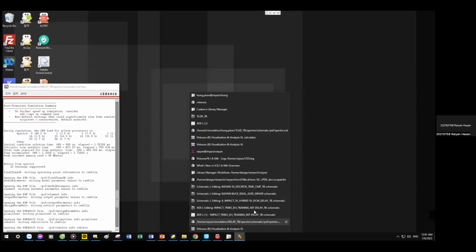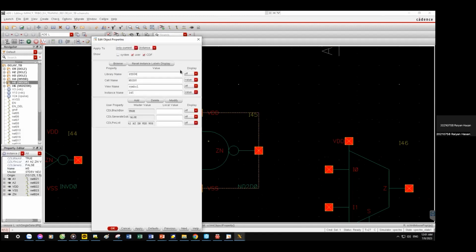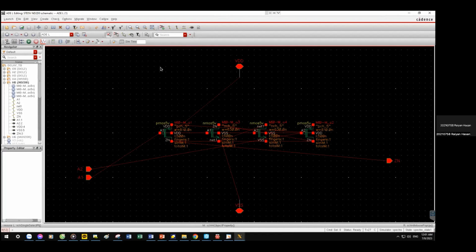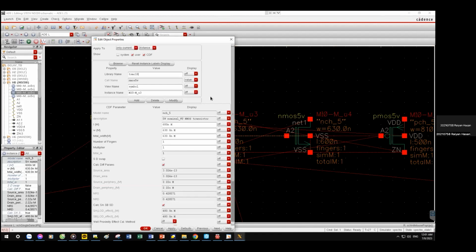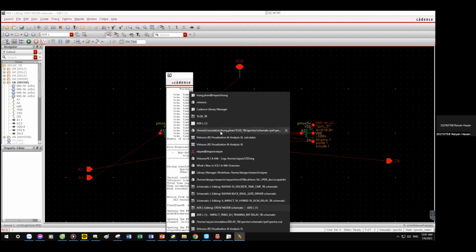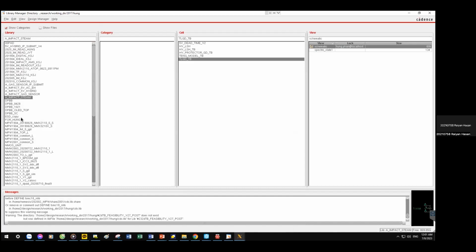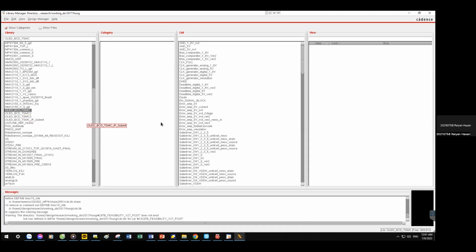It is, but here they are using 5 volt. Here is the 5 volt library. We should find a 2 volt library.